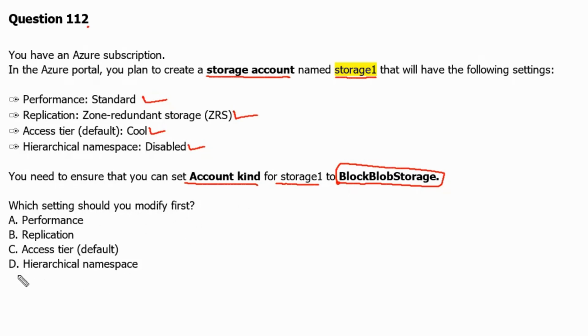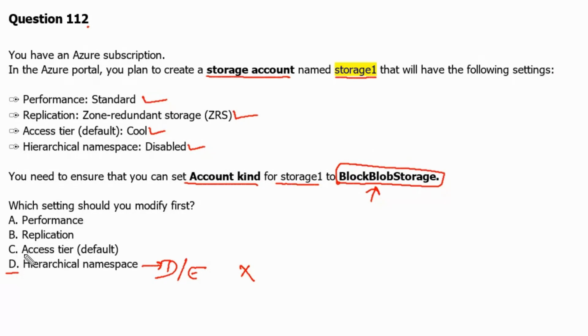Let's start with option D, which is the hierarchical namespace. The selected one is disabled and the other one is enabled. Both are supported by blob storage, so it will not impact our account kind selection.